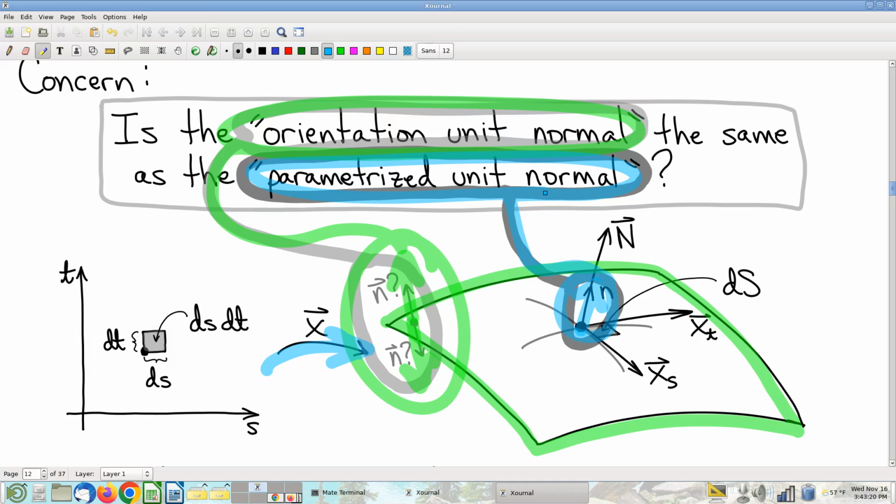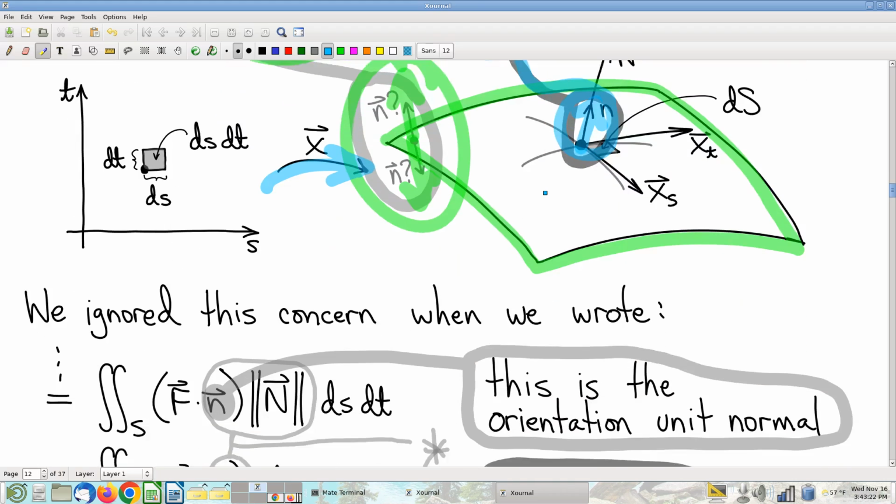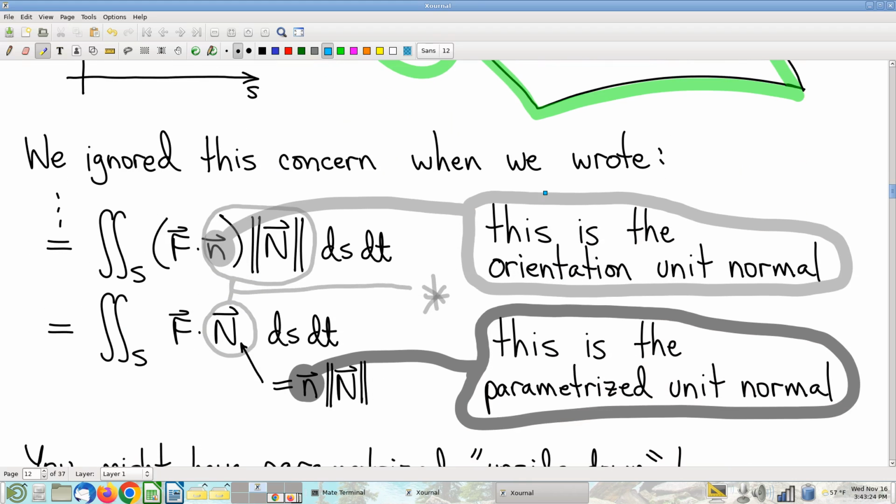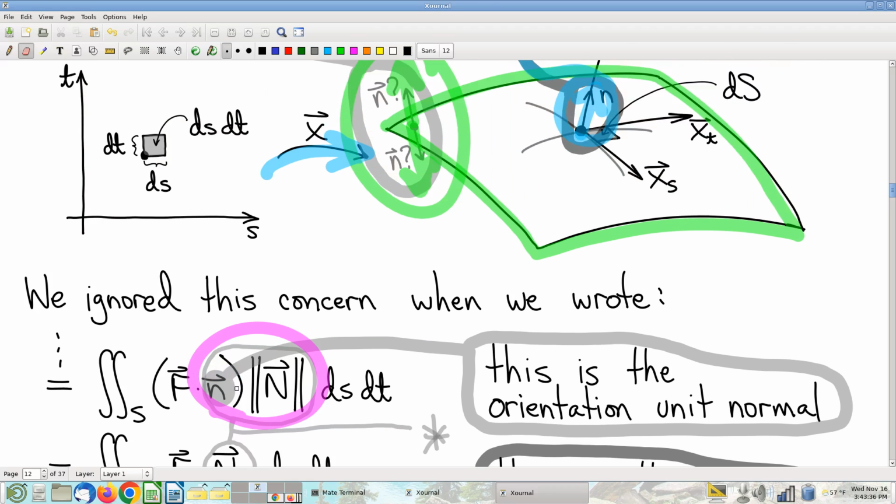So that's the problem. When I said on the previous page, hey, looks like a duck, quacks like a duck, here I have a cross product. This product vector has a direction that's perpendicular to the surface. Well, sure it is. But that is not just one possible direction. There are two possible directions that this could point.